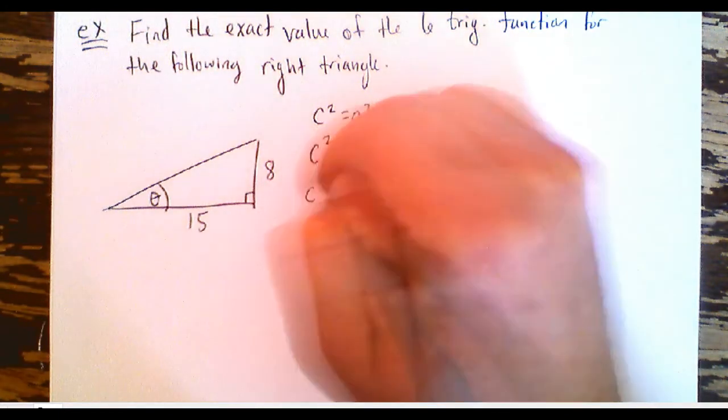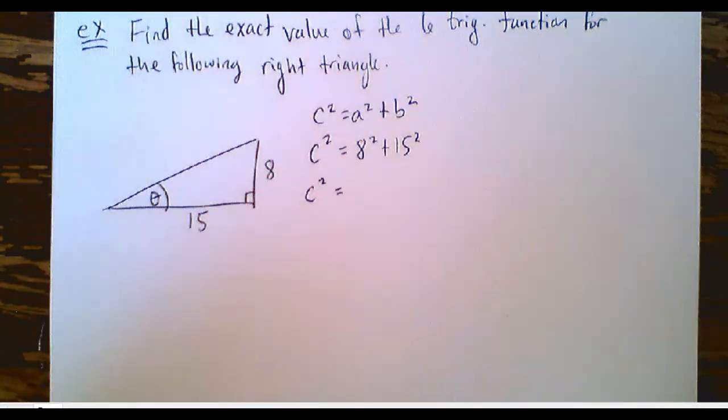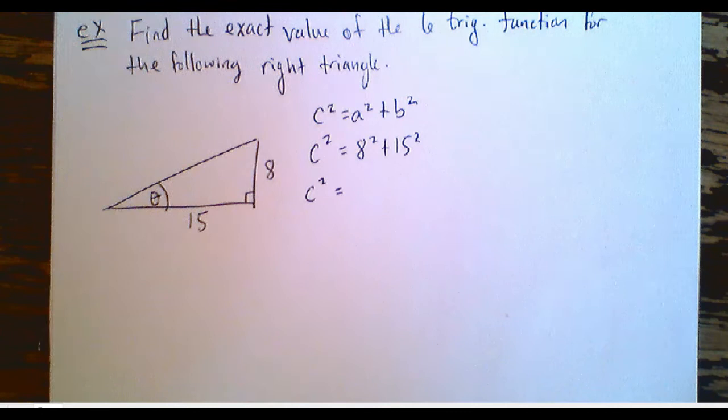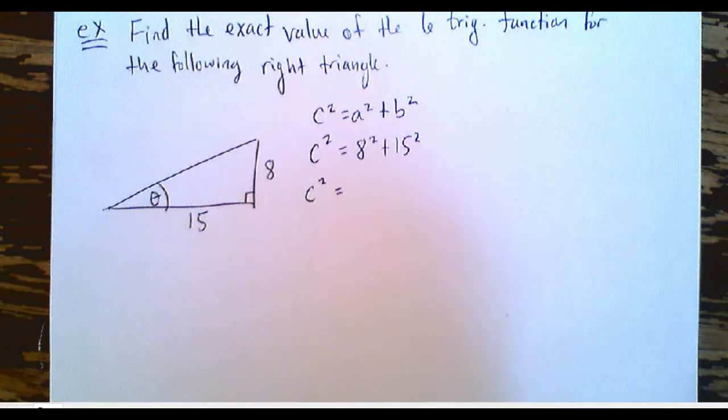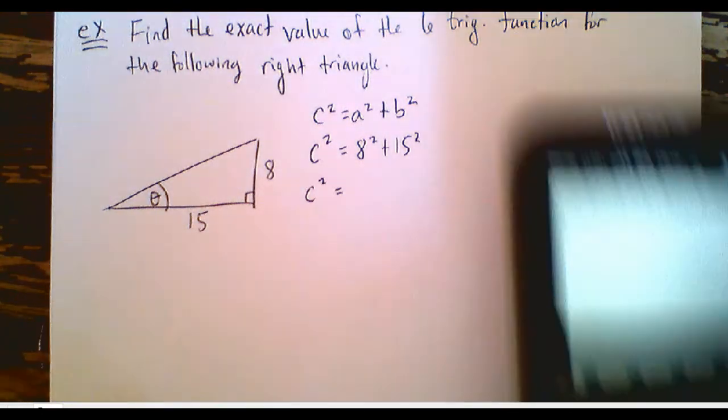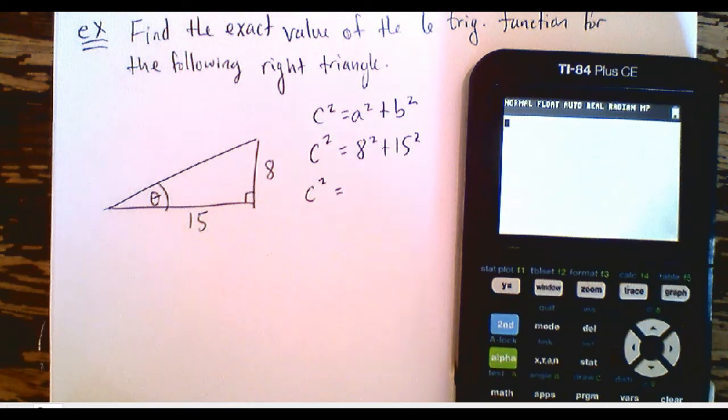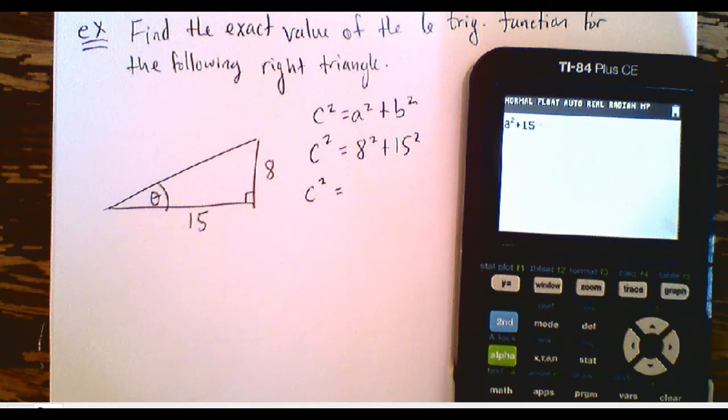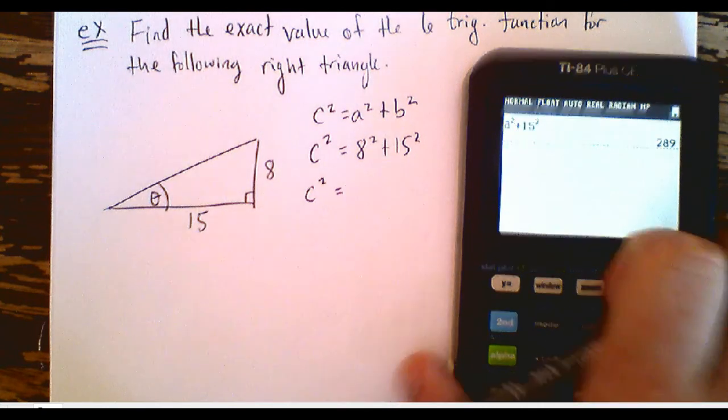And you can go ahead and find that using a calculator. In the next couple of sections we will be able to use our calculator to find these values. 8 squared plus 15 squared is 289.